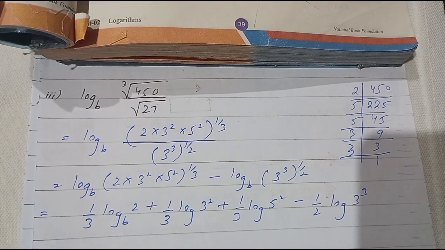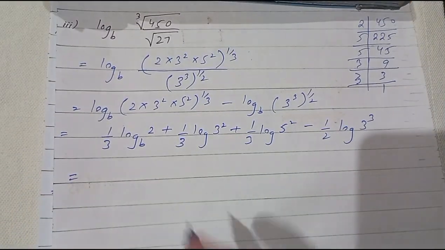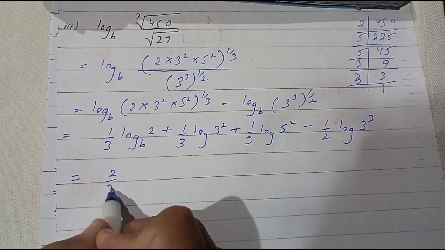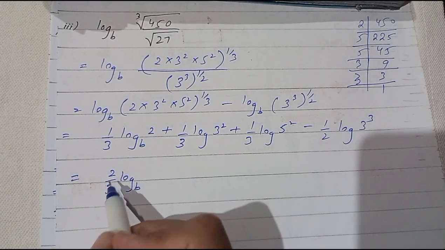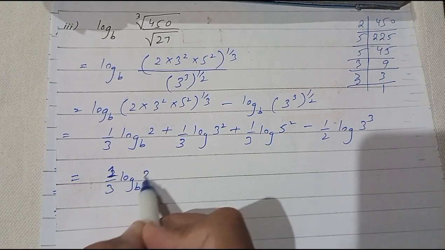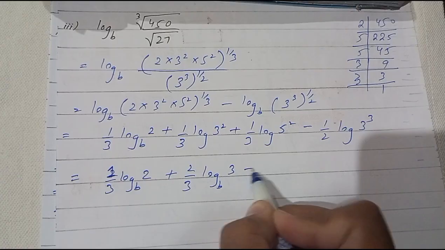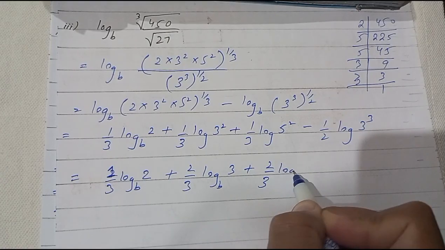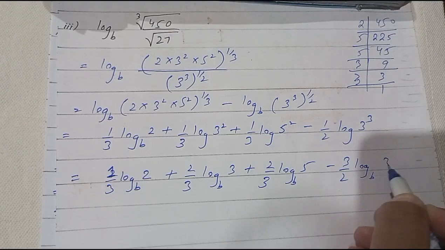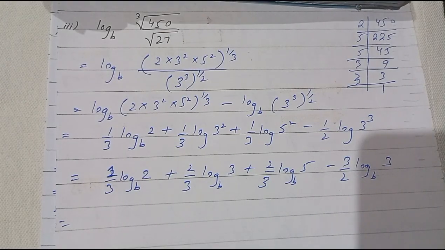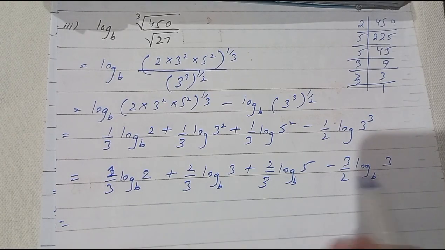Now powers come at first by using the power rule, that is 1 by 3 log of 2 plus 2 by 3 log of 3 plus 2 by 3 log of 5 and minus 3 by 2 log of 3. Now we will solve the same terms, like log of b 3, both terms.